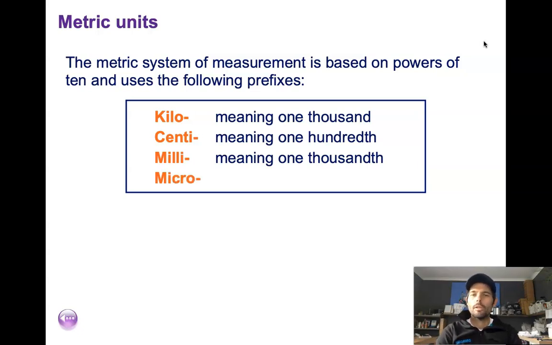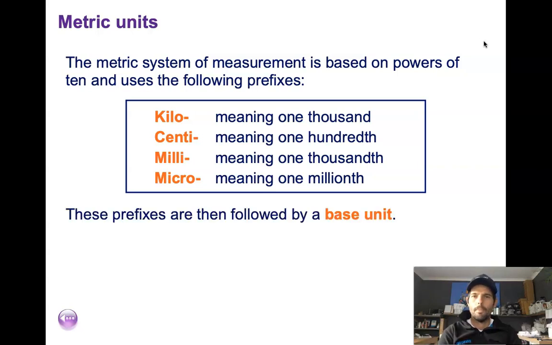We can also see the word micro. We don't often see it in our syllabus in grade 7, but micro means 1 millionth. So when you do see that, then you're aware of what micro means. So micrometers, there are 1 million micrometers in a meter. Okay, so 1 micrometer is 1 millionth of a meter.